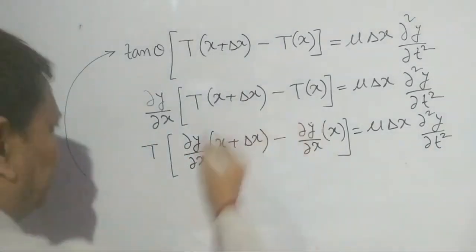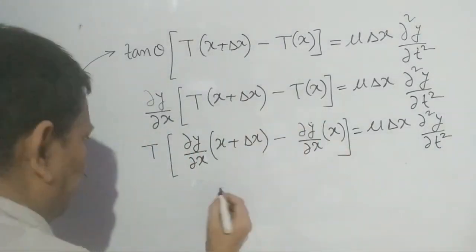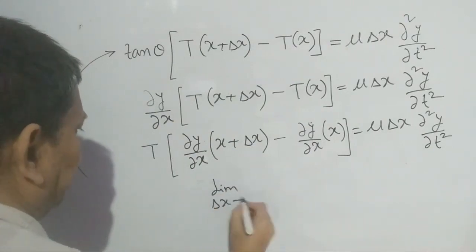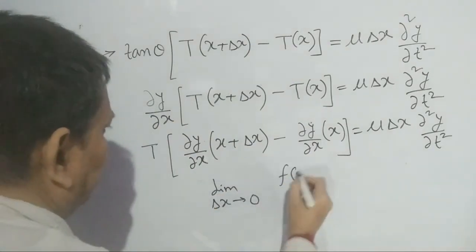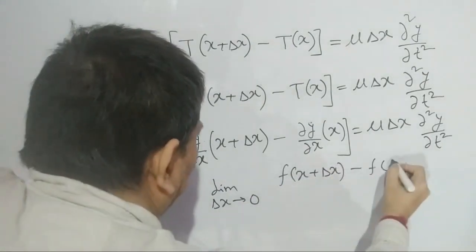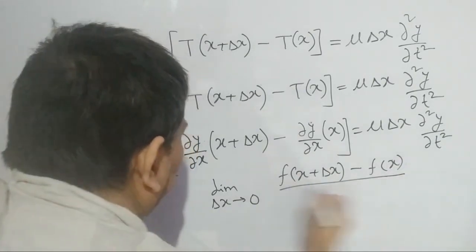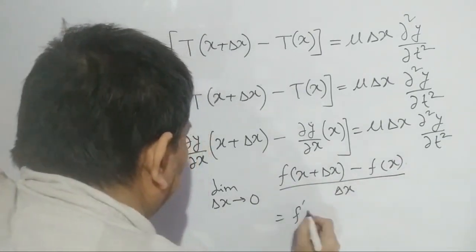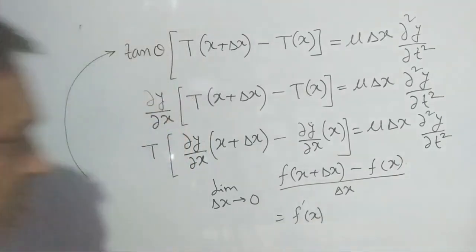Okay, now see this thing. If someone says limit delta x tends to 0, function of x plus delta x minus function of x divided by delta x, we know that this is equal to basically f dash x from first principle.